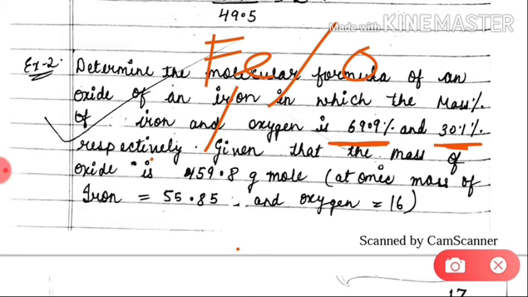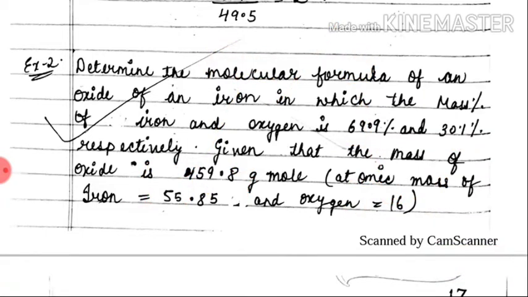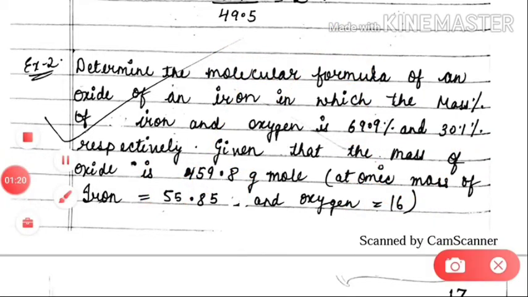Iron has the percentage 69.9 and oxygen has the percentage 30.1. And this percentage, as I told you in the previous video, is always by mass. So by mass, the percentage of iron is 69.9 and oxygen is 30.1 respectively.